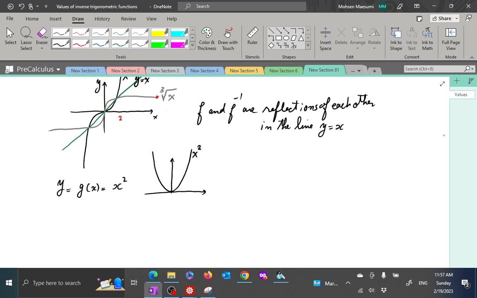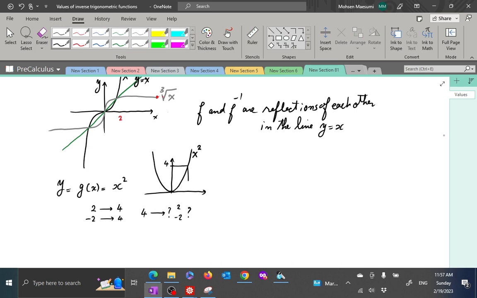What's the problem? The problem is that 2 leads to 4 and minus 2 also leads to 4. So if I start from 4, I want to go back. Which one of them do I go back to, 2 or minus 2? If I'm at an output of 4, what input was responsible for that?